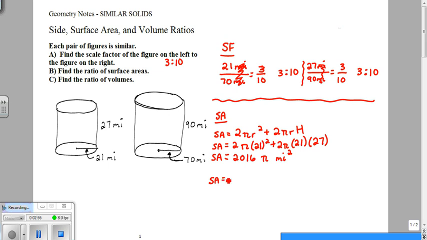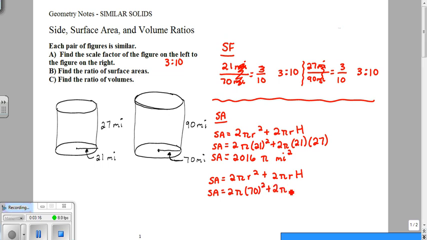The surface area for my larger cylinder, I have the same formula, 2 pi r squared plus 2 pi r times the height of the entire solid. So I have 2 pi times 70 squared this time. So we are going to have to deal with some larger numbers.